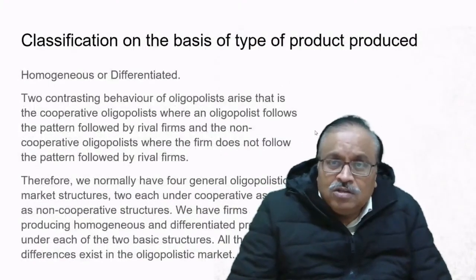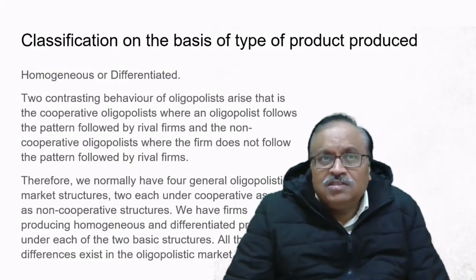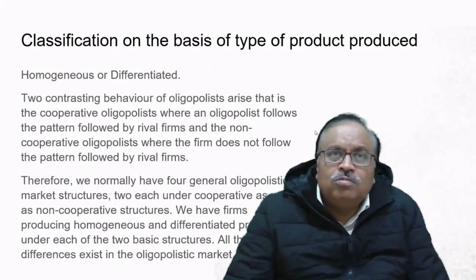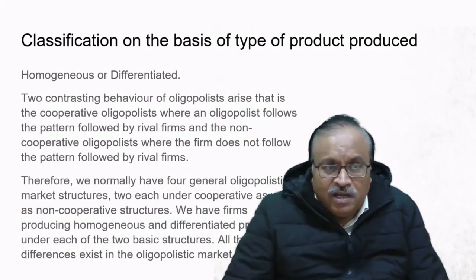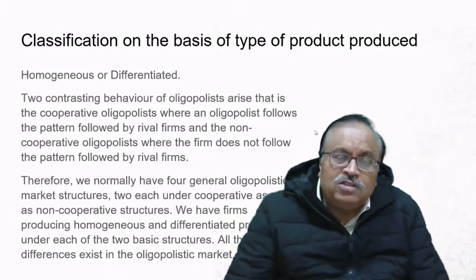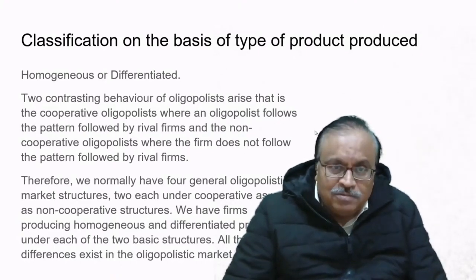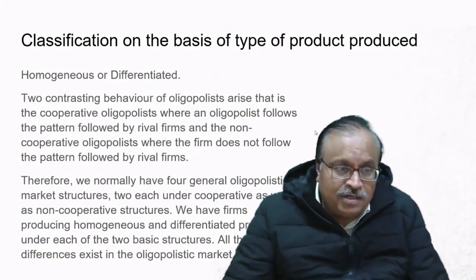So, classification on the basis of type of product produced. The classification states that there are just two options, homogeneous or differentiated. Two contrasting behaviors of oligopolists arise: the cooperative oligopolist, where an oligopolist follows the pattern followed by rival firms, and the non-cooperative oligopolist, where the firm does not follow the pattern.